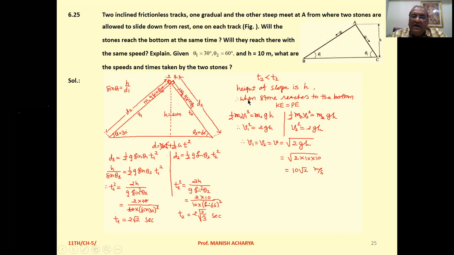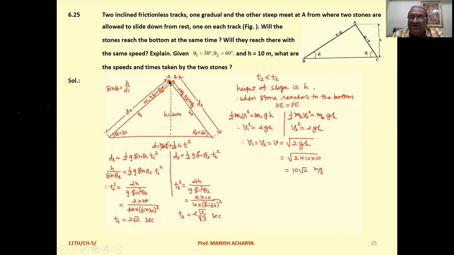Okay. Now we want to calculate the speed. See, here both are released from the height h. When the first one reaches the bottom, suppose its speed is v1 and for the second one at the bottom it is v2.